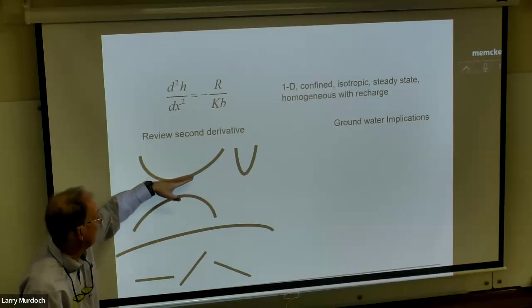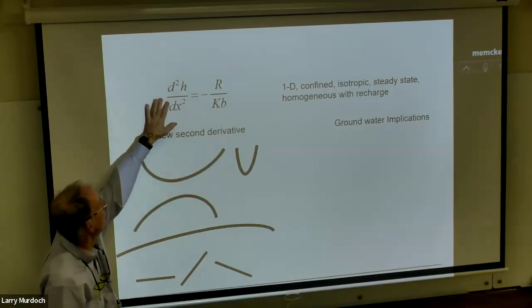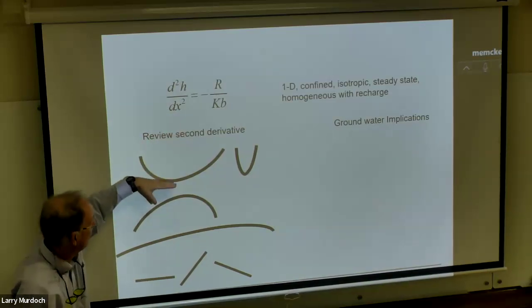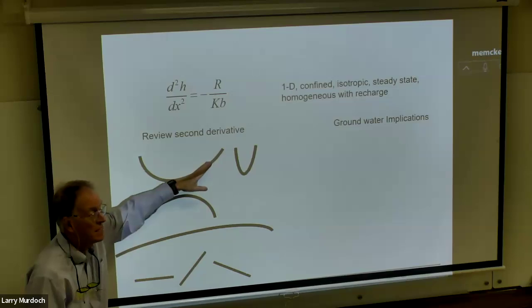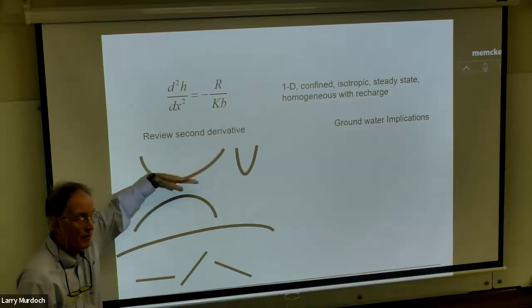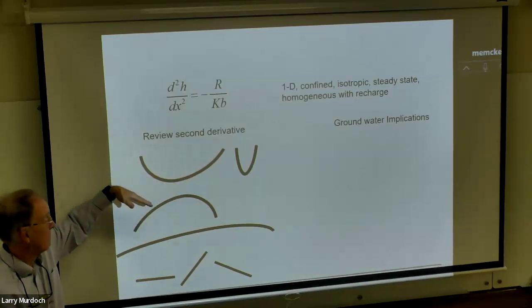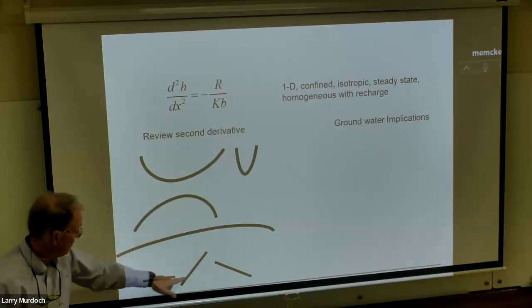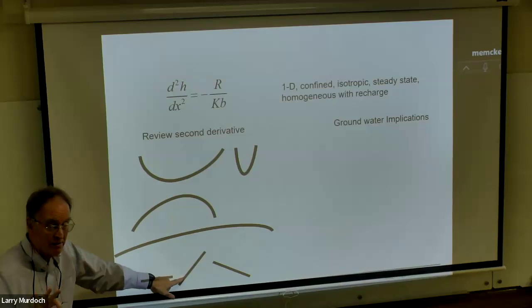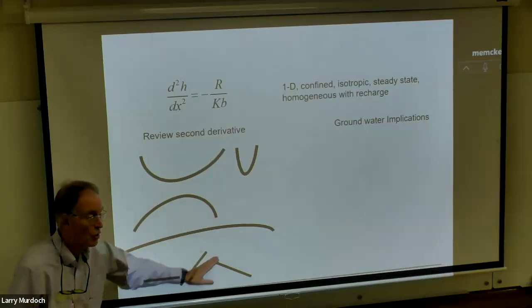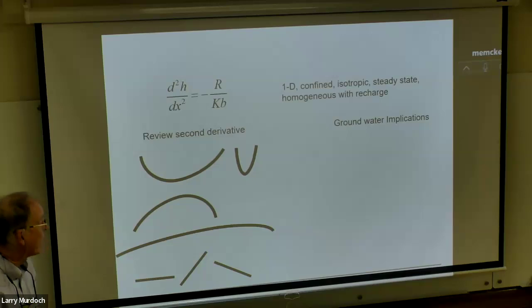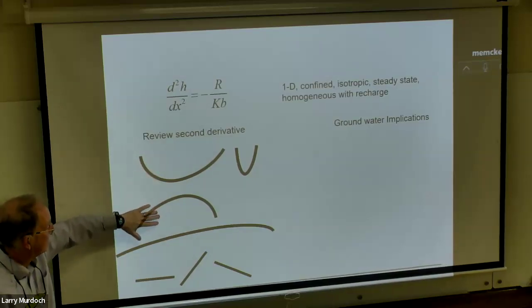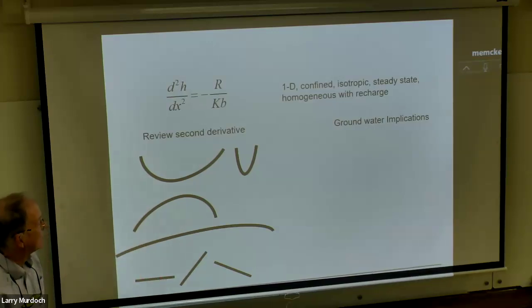This is the derivative of the derivative. It's like the change of the slope. So here, the slope is increasing, right? So the second derivative would be positive, and here it's negative, and here it's 0, right? Because the slope is not changing. Okay, so positive second derivative, negative, not changing.